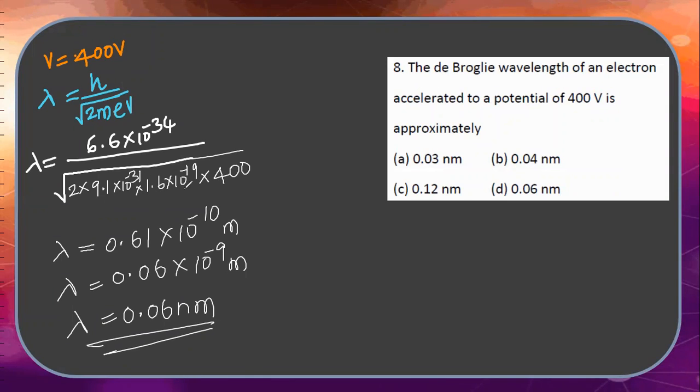This 10 power minus 31, 10 power minus 19, this is the 10 power 34.